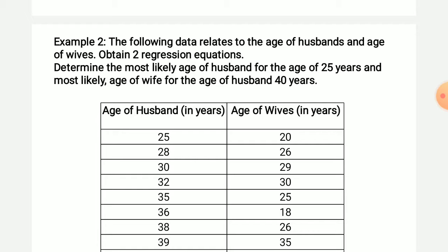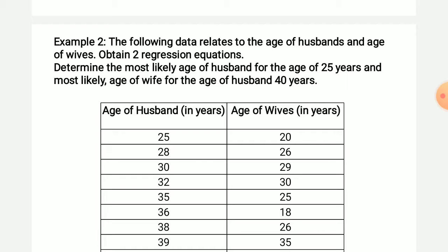The age of husband in years and age of wives in years are given, and with this data we can find two regression equations, x on y and y on x. Here let the age of husband be x, and the age of wives be y.